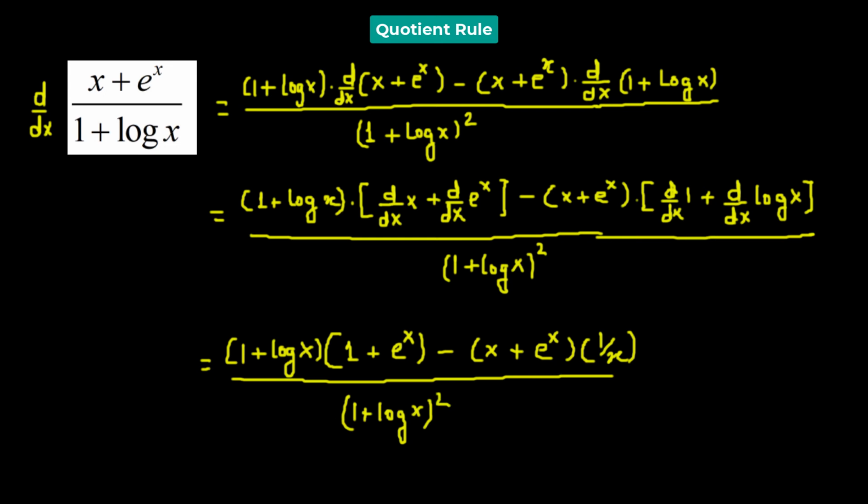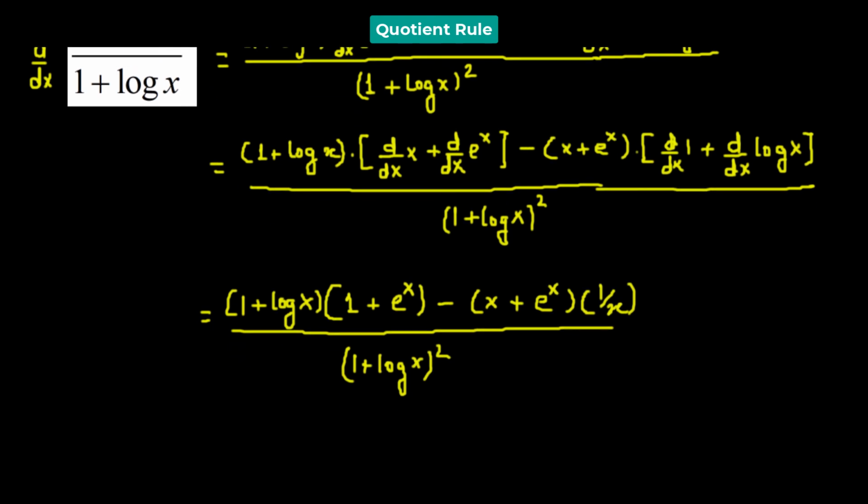Now we can multiply the numerator and the denominator by x. So we have x multiplied to (1 plus log of x) times (1 plus e raised to the power of x). So x multiplied to 1 over x is going to give us 1.